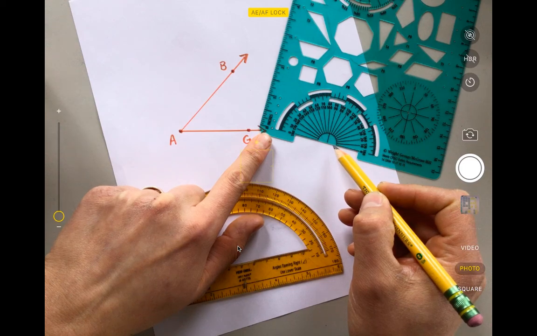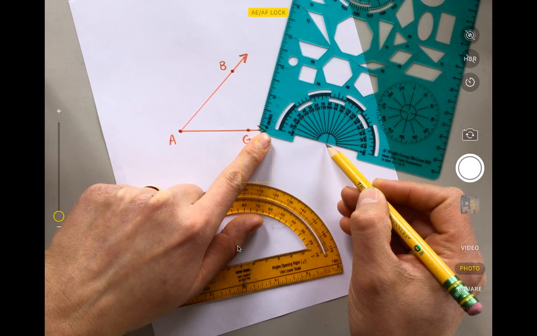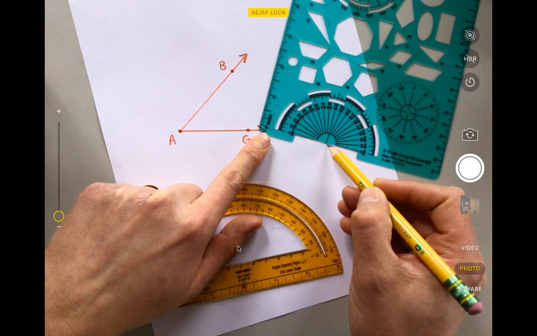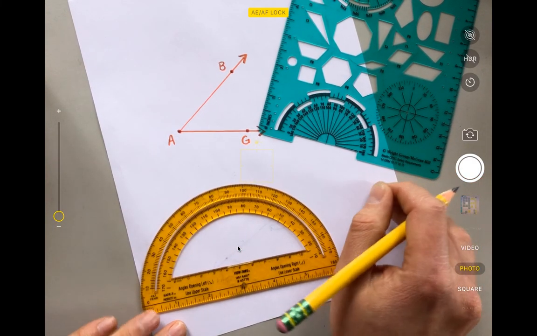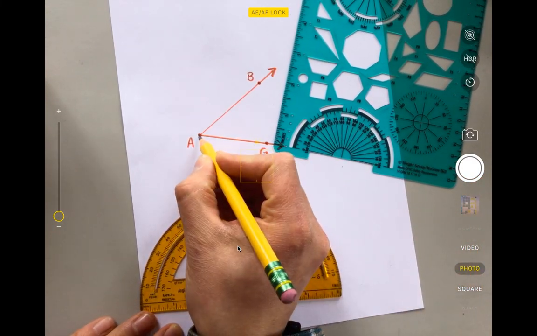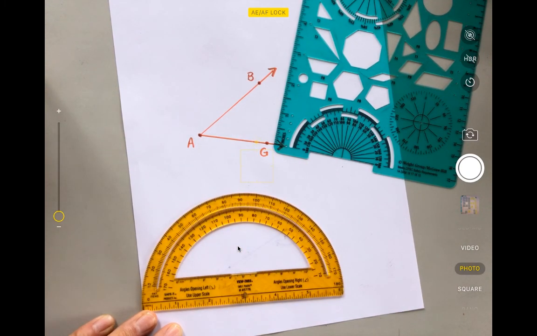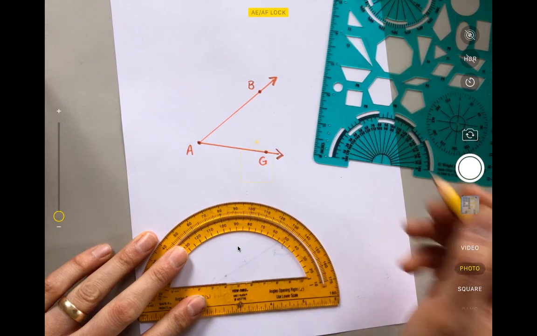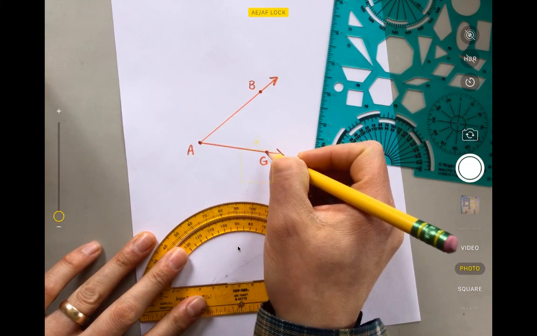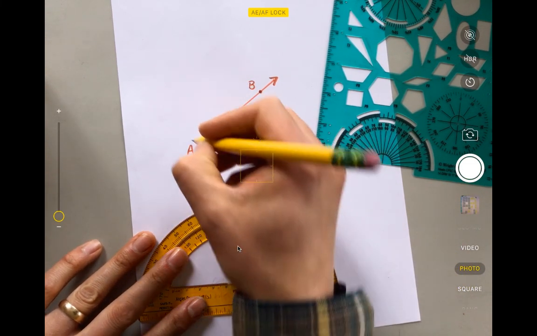Now, this style of protractor has a line right down here at the bottom. And this line right here is that key important line that we need to line up with this point. Do you remember the name of that point of the angle? Sometimes people refer to it as the middle of the angle, but that's not the right term.